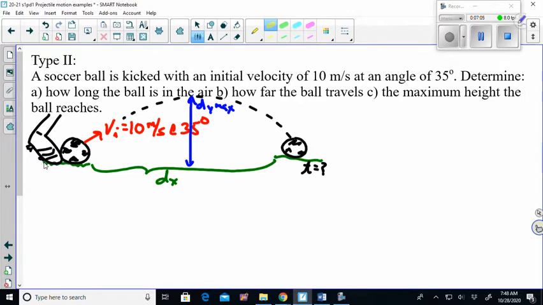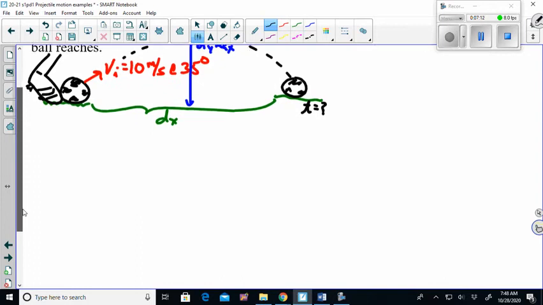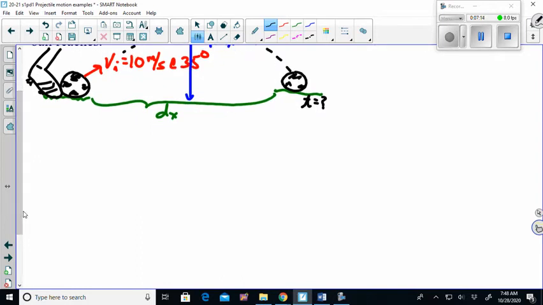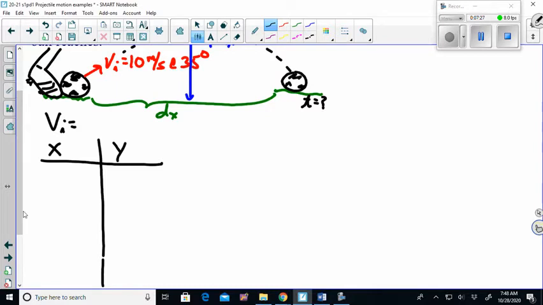So I'm going to start. There's step 1 in my 5-step physics problem solving system, that beautifully drawn picture. Step 2 is list the variables. Guess what? The variables are the same as they were for the type 1 projectiles. I've got vi, we'll talk about that in a minute. Then I'm going to do my little T-chart here for my x variables and my y variables. My x variables: Vx, because it's constant, dx, and t.